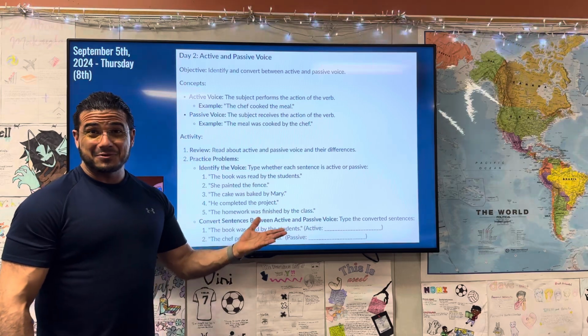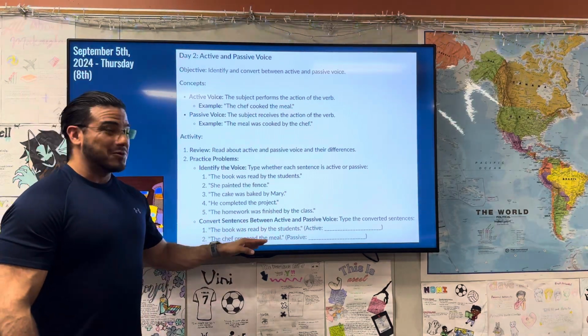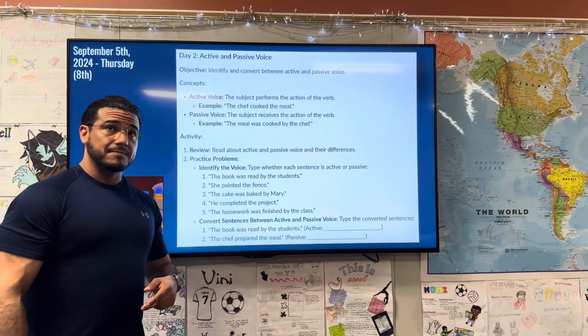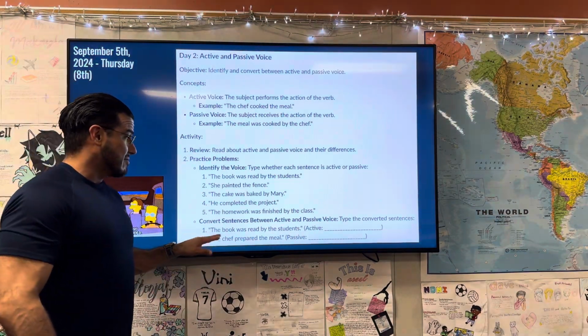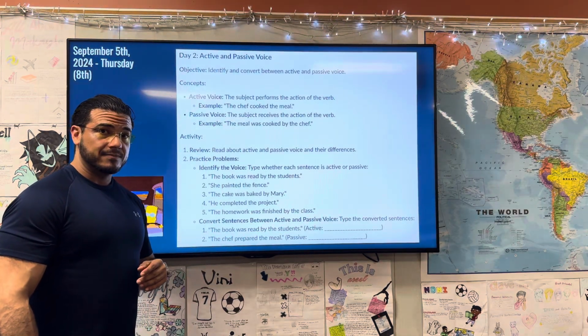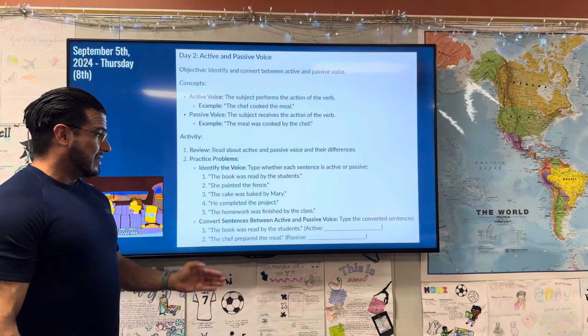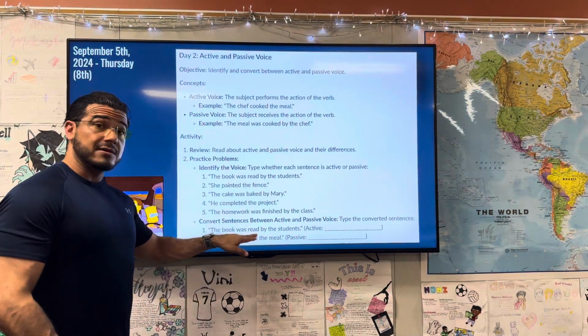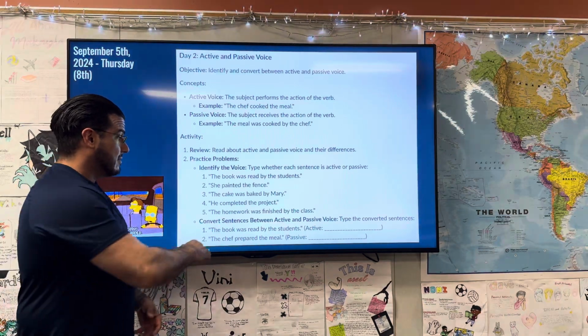For these final two sentences, we would first identify each sentence type, which voice it's in, and convert it. Oh, excuse me, I guess it's already done for you, isn't it? So here for sentence number 1, we have a passive voice sentence. We're going to try to rewrite that in its active form. So reading sentence 1, we have the book was read by the students. It's a sample sentence we've had before. To make it active, we would say the students are the subject. What did they do? They read. What did they read? The book.